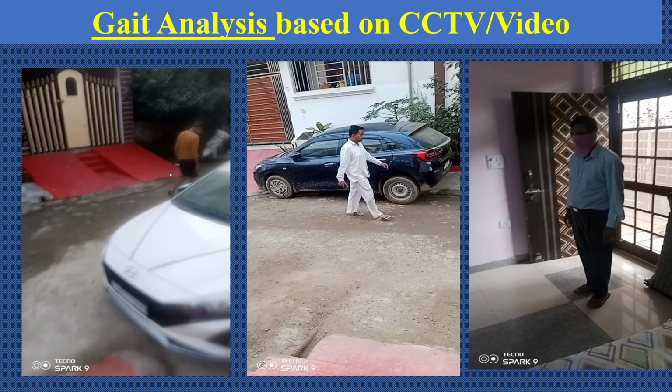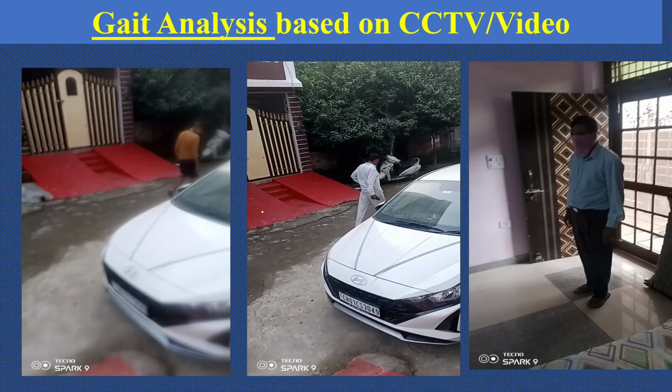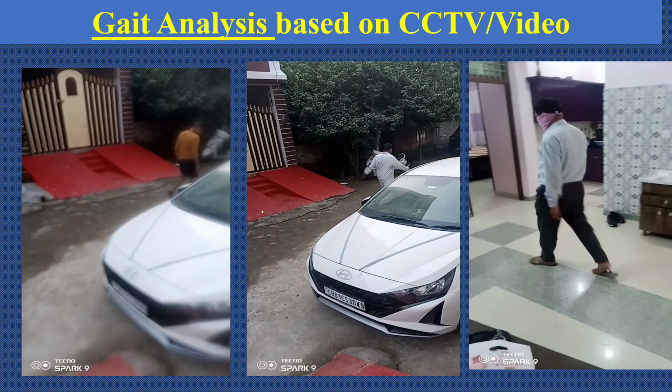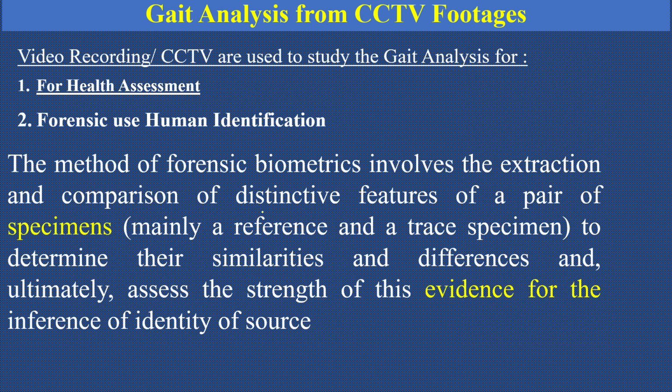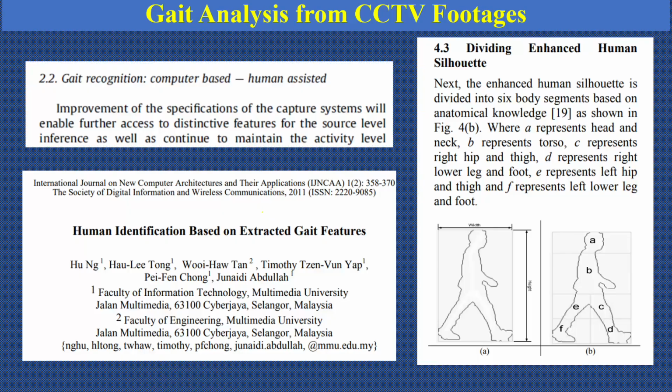As we know, the gait features of an individual are unique, and they depend on the person's different conditions. So, in this technique, I have used these parameters. The gait analysis from CCTV footage is a published technique, it is a valid technique.